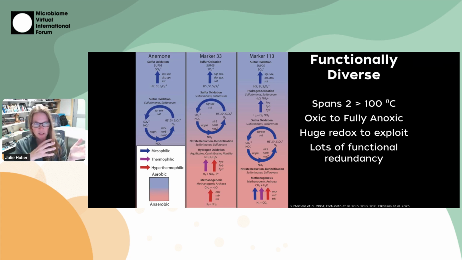And so this is an example on the left showing 3 different hydrothermal vents, going from cooler temperatures down to higher temperatures. We often see these methanogens, for example, at higher temperatures. We see a lot of nitrate reduction, hydrogen oxidation, and sulfur oxidation. One thing we also see, though, is a lot of functional redundancy, or really different groups from different branches of the tree of life that are doing the same thing.